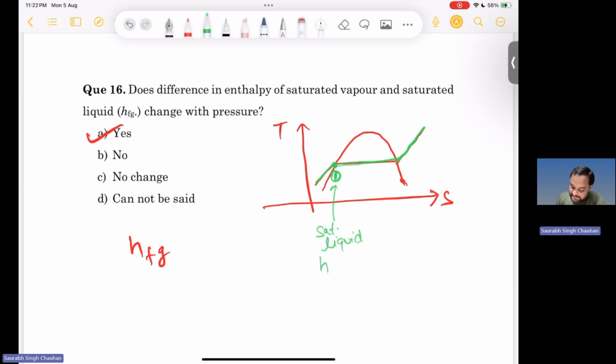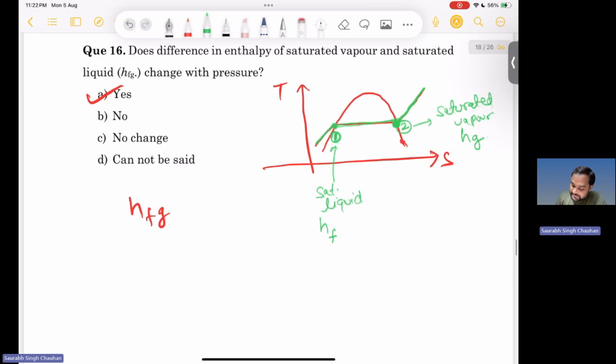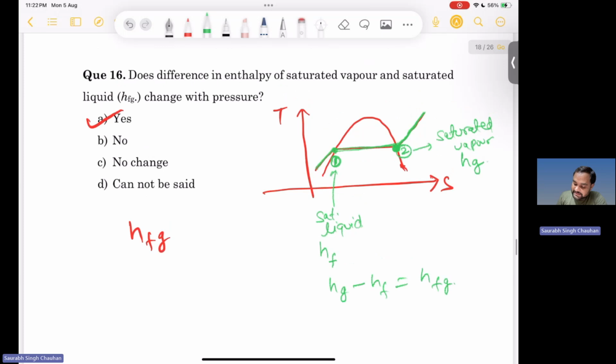Let us call this Hf, meaning enthalpy of fluid. And this point 2 is saturated vapor. Let us say enthalpy of saturated vapor is Hg. Then this difference of Hg minus Hf, we call Hfg. Okay, so this difference depends on the pressure.